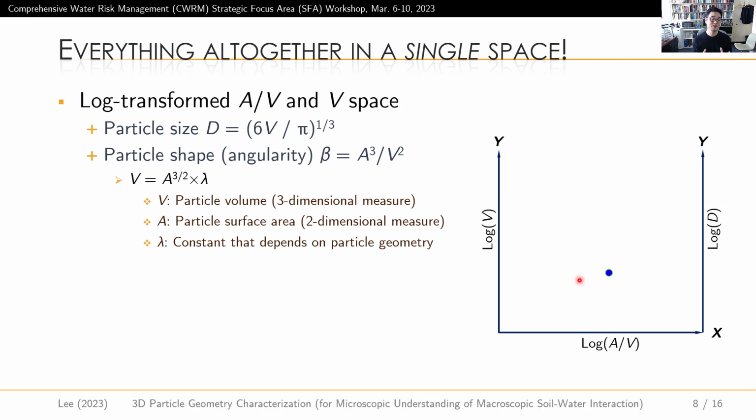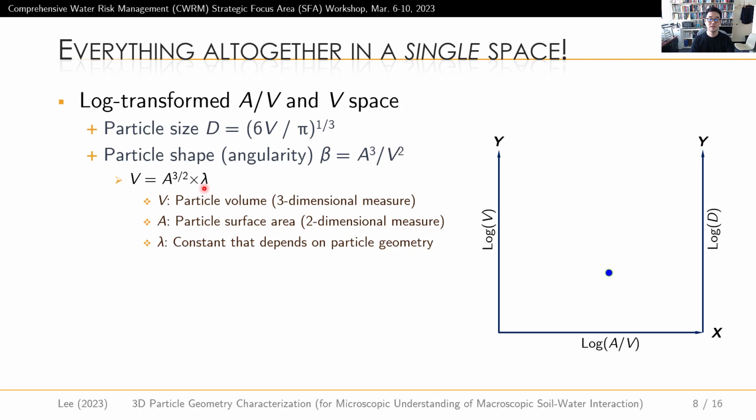So first, let us define the shape beta. This can be defined as cubic area divided by squared volume. The reason is the volume is a three-dimensional measure and the surface area is a two-dimensional measure. So we can formulate an equation like this with a constant lambda that depends on the particle geometry. So for different particle shapes, the lambda will be different, right?